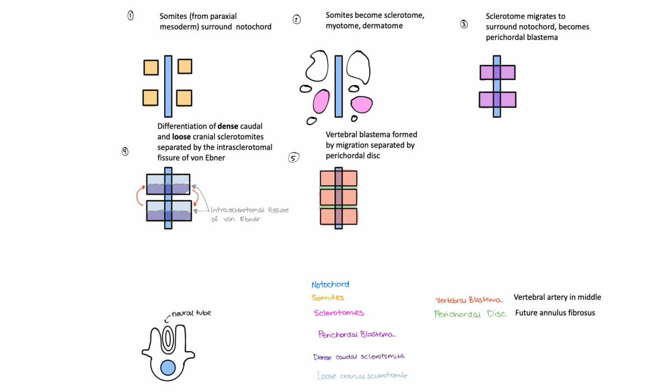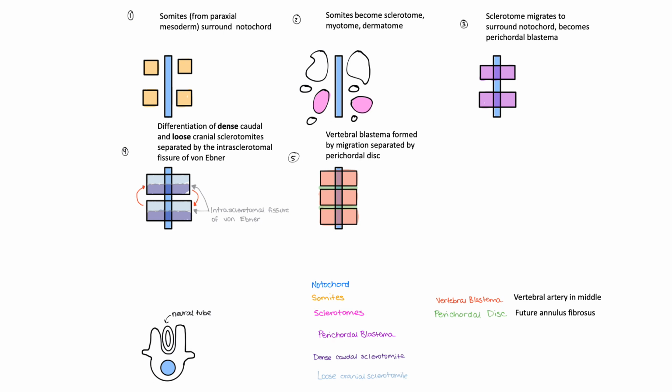They form the vertebral blastema. So there will be lots of questions, there's often questions about this. So note that the vertebral blastema is formed by the dense caudal sclerotomite from the segment above combining with the loose cranial sclerotomite from the segment below. So know where the dense and the loose are coming from to form a vertebral blastema.